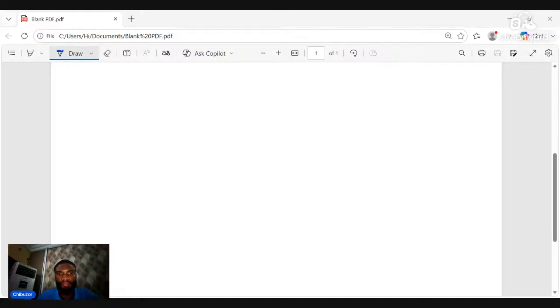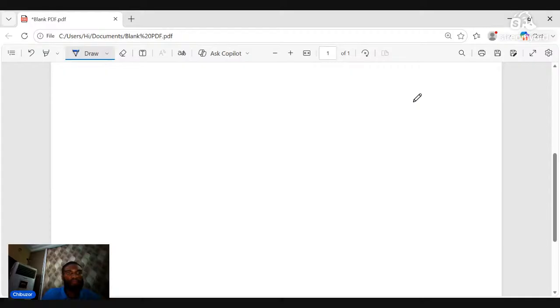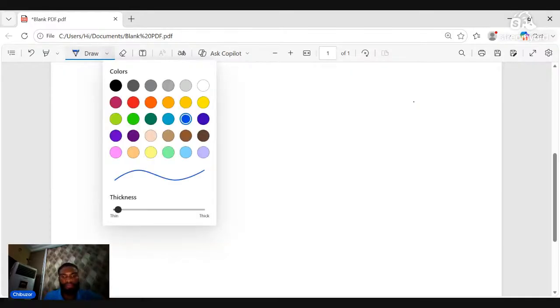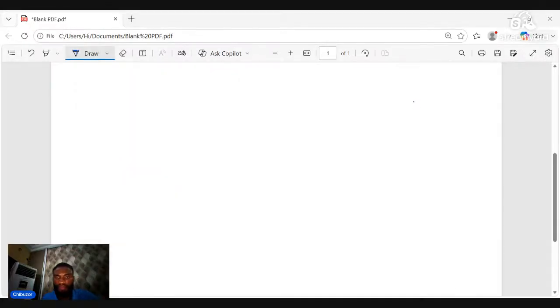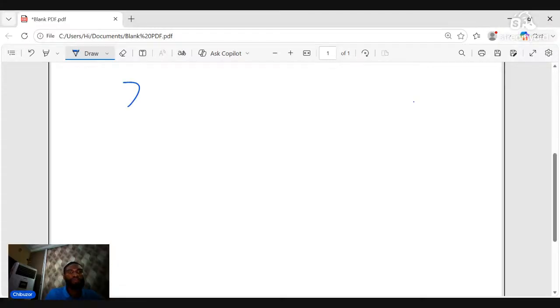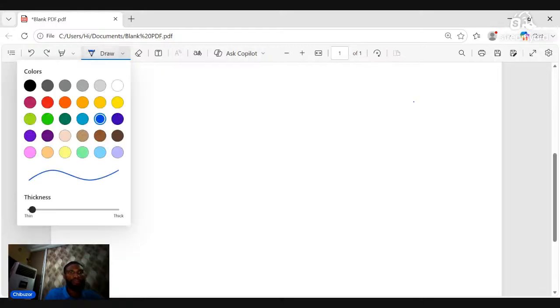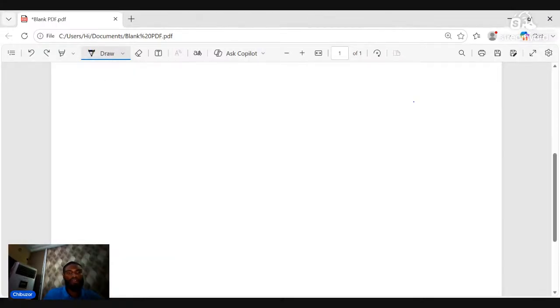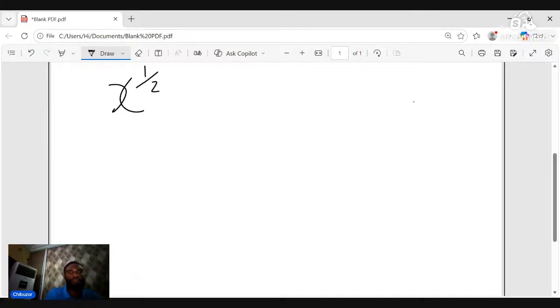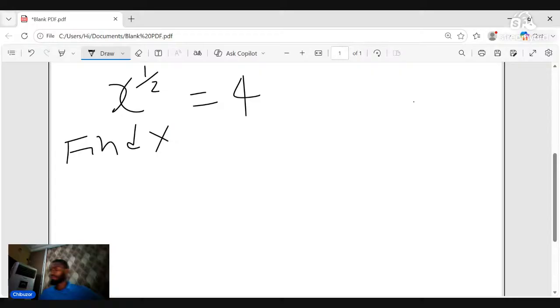So let's say we have x raised to power 1 over 2 is equal to 4. Can we solve this? Let's solve this.